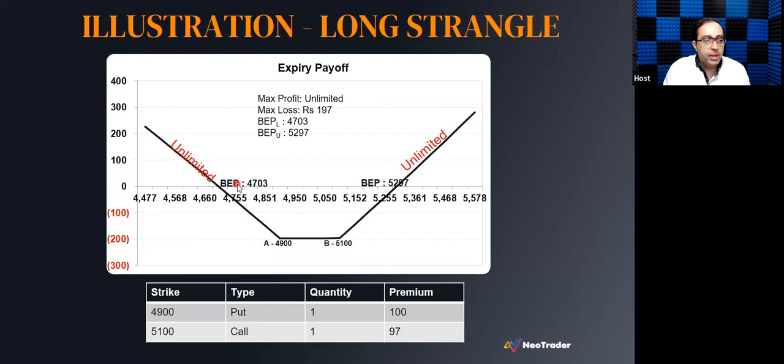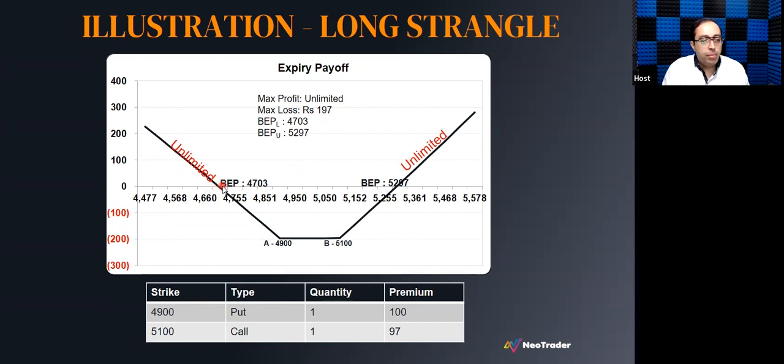If it starts going up, then you can see here that this is your break-even point. If it goes above 5287 or if it goes below 5703, your loss is contained at 197. Why? Because that is the premium you have paid.